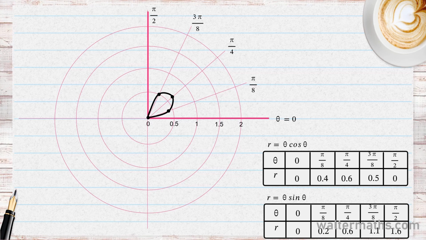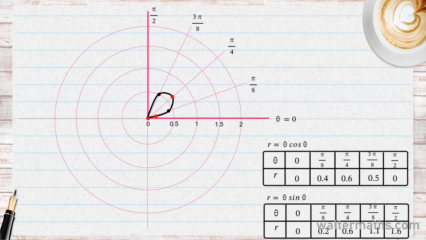Now for r is equal to theta sine theta, when theta is 0, r will be 0, and so the point is at the pole. And when theta is pi over 8, r is 0.2, so 0.2 should be somewhere around here. When theta is pi over 4, r is 0.6, so 0.6 should be here.